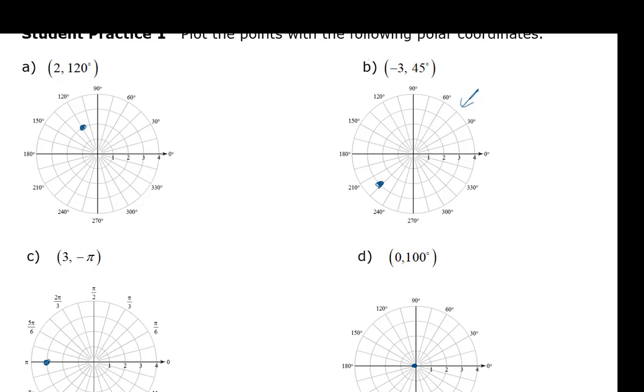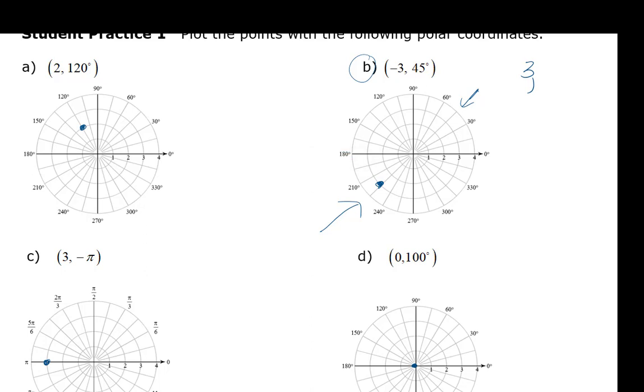Let's go back up to B. If you could think about another angle and another value for r that would give you that same exact point that we have right here. So instead of having negative 3, suppose we had positive 3 as our coordinate. That means we would be 3 out, right? Any point on this circle here would have an r value of 3, right? We have 3 units out from the pole.